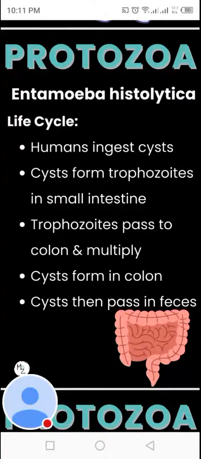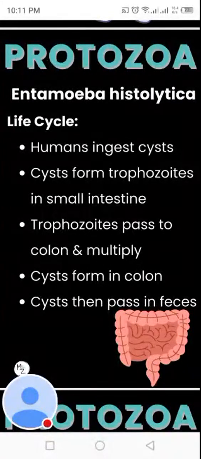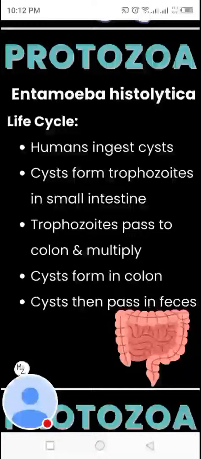These cysts travel down to the small intestine, and then they excyst there and release the trophozoites. Trophozoites multiply there and cause infection in the intestine. Trophozoites then pass to the colon and multiply there. Cysts form in the colon and then are passed in feces. Through those feces, the infection, amoebiasis, is transferred to other humans.